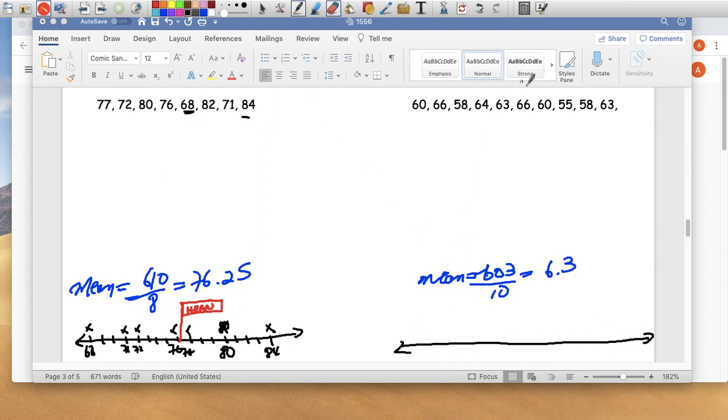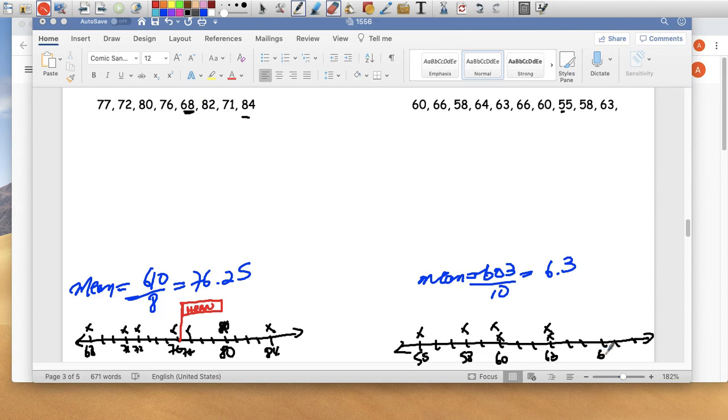So the smallest number here looks like a 55. And we're going to go all the way to a 66 apparently. 55, 56, 57, 58, 59, 60, 61, 62, 63, 64, 65, 66. Okay, 55. There's a 58. There's a 60. There's two 60s. There's two 63s.